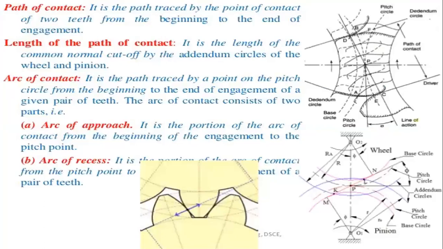Next one is the path of contact. Generally this is traced by the point of contact between two teeth from the beginning to the end of the engagement. That is the matching of the gears.